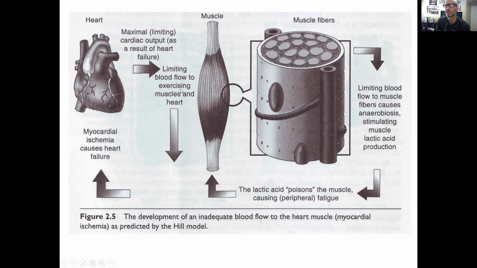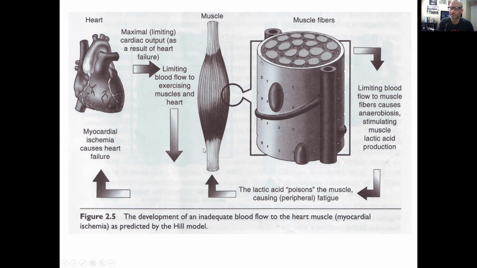That limited oxygenated blood to the muscles causes anaerobic metabolism of fuel, carbohydrate, to yield ATP, stimulating muscle lactic acid production. That lactic acid, in quotes, poisons the muscle, causing peripheral fatigue, or fatigue at the muscle level.